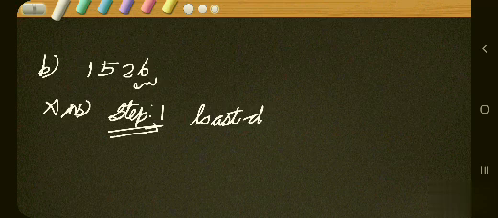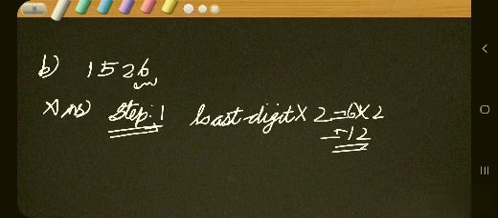Last digit into 2 is equal to 6 2s are 12, isn't it? Step 2. What is step 2?